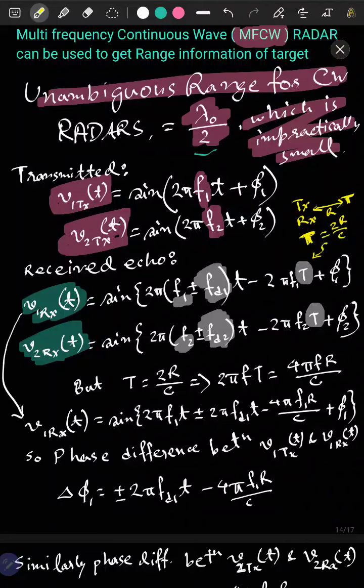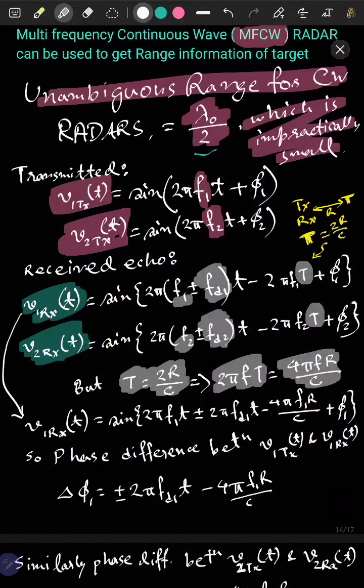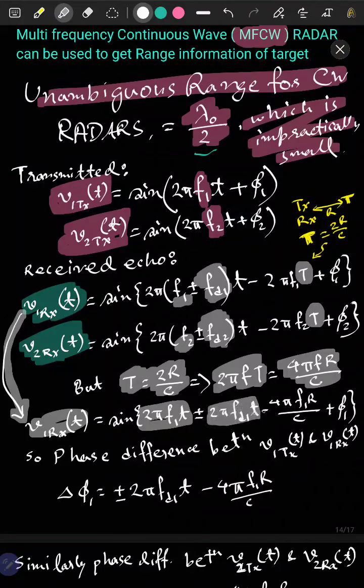If we replace that, the 2 pi f T term will become 4 pi f r by c. So if we rewrite this V1 rx signal again, it becomes sine of 2 pi f1 t plus or minus 2 pi fd1 t minus 4 pi f1 r by c plus phi 1.